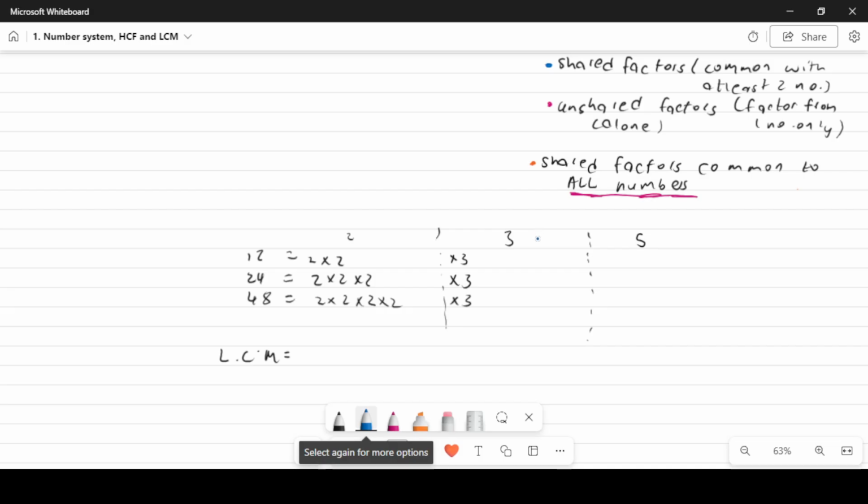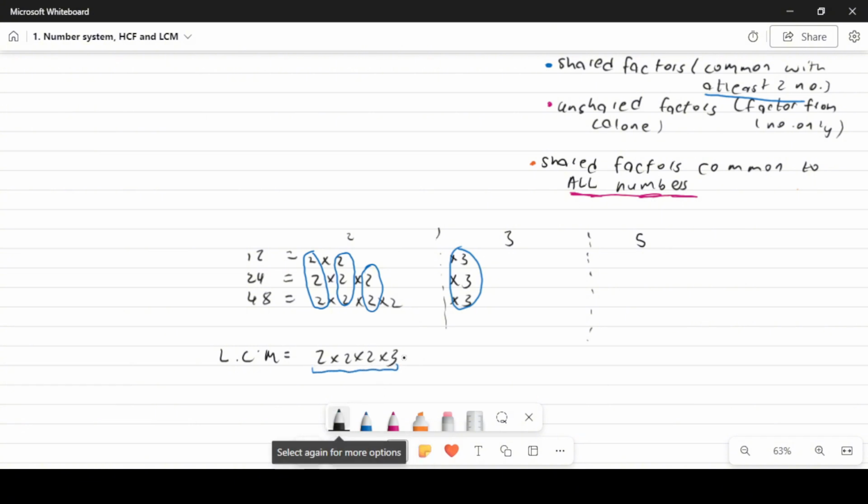The shared factors are factors that are common with at least two numbers. So these are your shared factors. These are your shared factors. These are your shared factors, and these are your shared factors. You can see that these numbers are common with at least two numbers. See, this 2 here is common with at least two numbers. There's 3, but we said for shared factors it has to be common with at least 2. Okay, so therefore it'll be 2 times 2 times 2 times 3. So that's the shared factors.